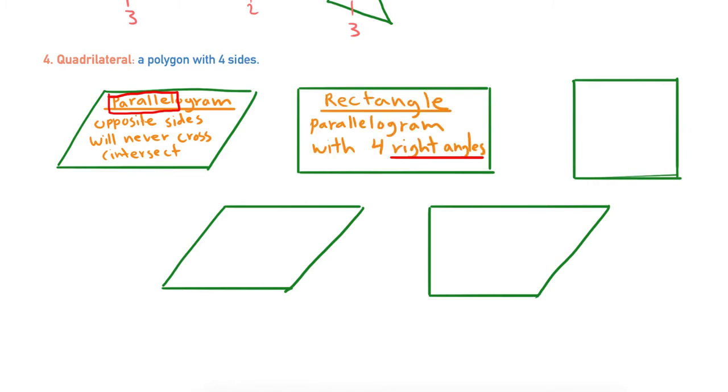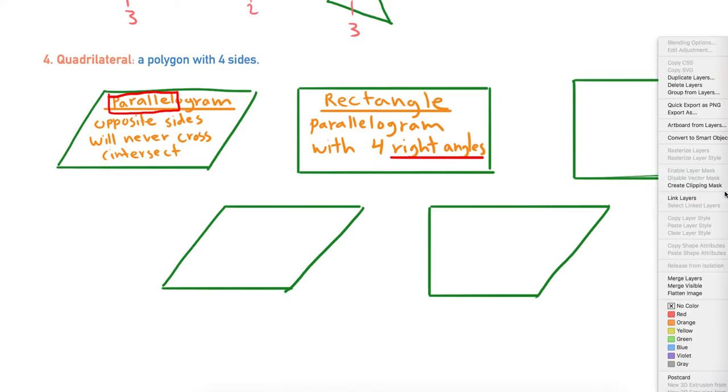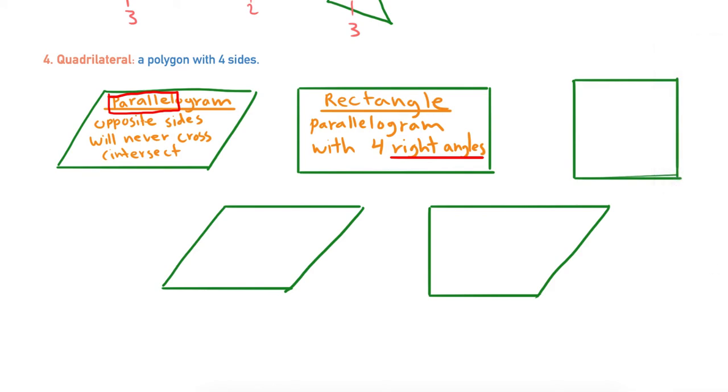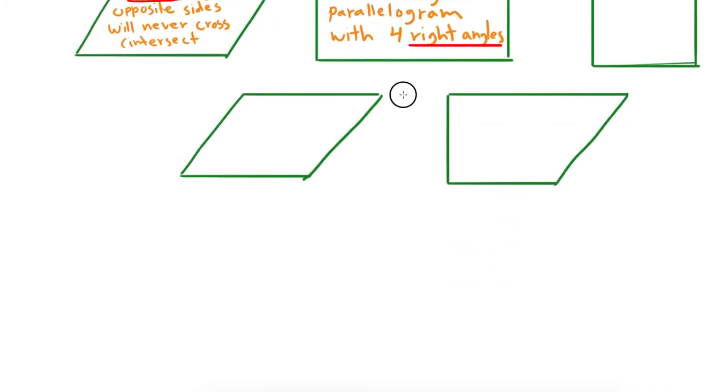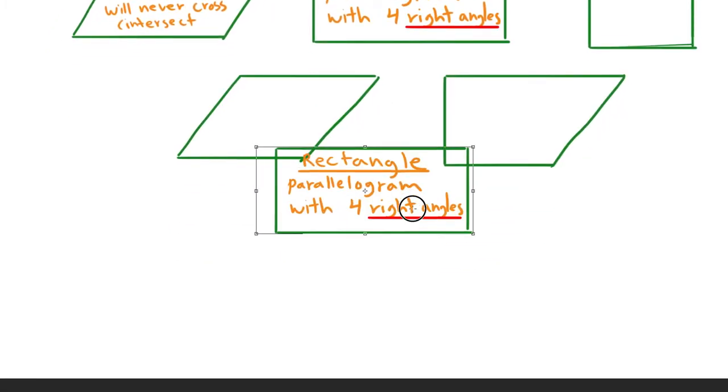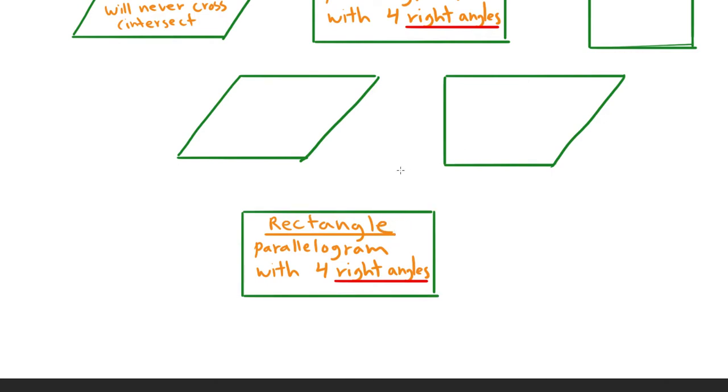All right, so what is a right angle? I'm going to copy this thing here. Paste it down here. If we recall, a right angle is the angle that goes 90 degrees.